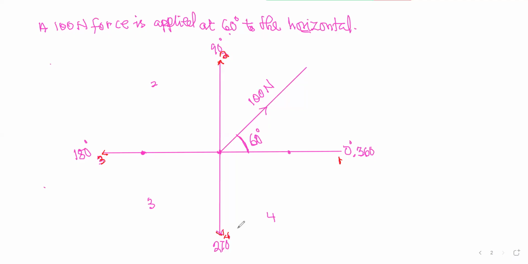But the moment it acts in between the quadrants, at any angle within this quadrant, this quadrant, this quadrant, and the fourth one, then the force or the vector quantity will be divided into a vertical component and a horizontal component. And that is the case we have here.